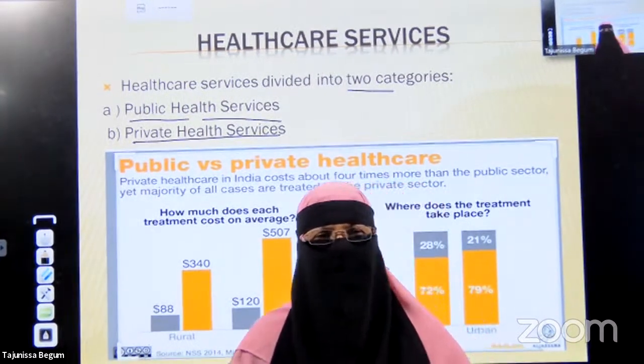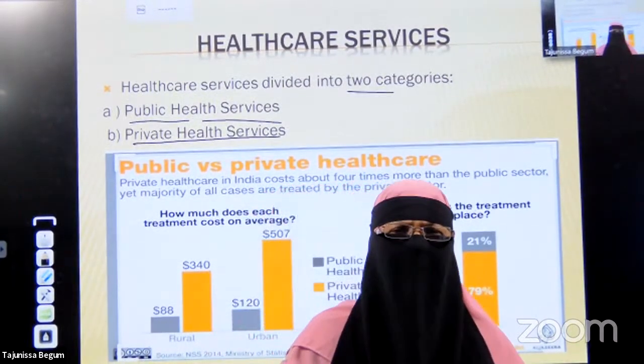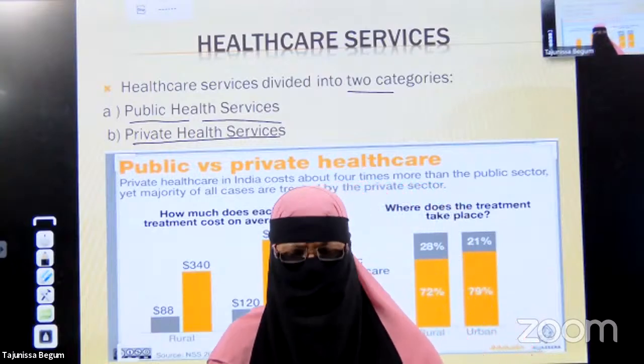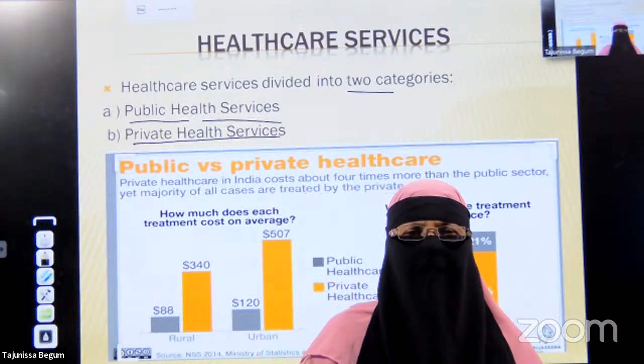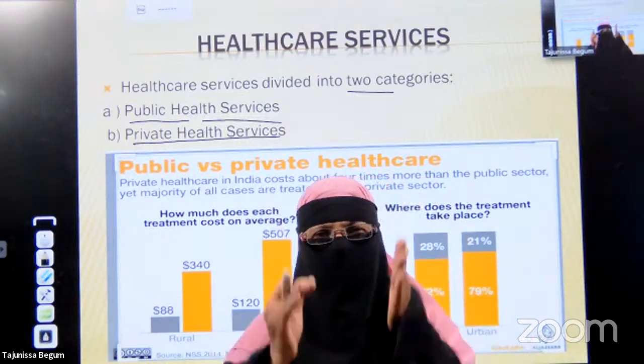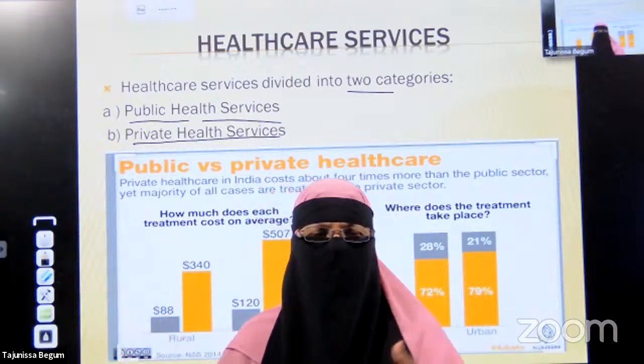Many are there, like NIMS, KIMS, Yashoda, Apollo. So the hospitals have been divided into public sector and private sector.